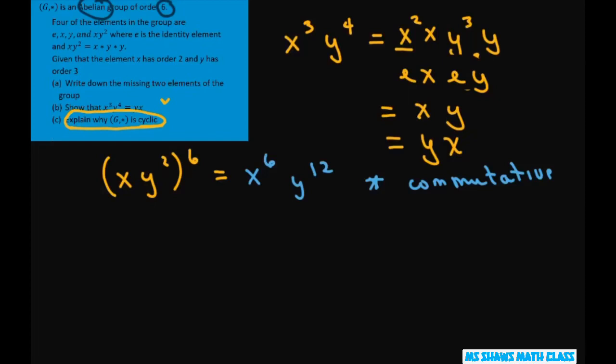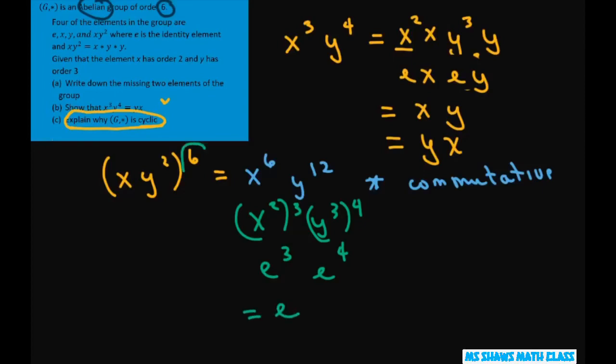All right, then I can break this up as x squared cubed, y cubed to the 4th, and then this is e cubed, y cubed, e to the 4th, which equals e.